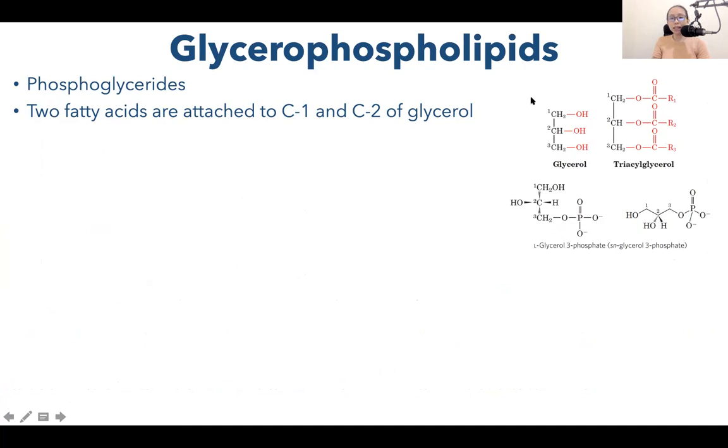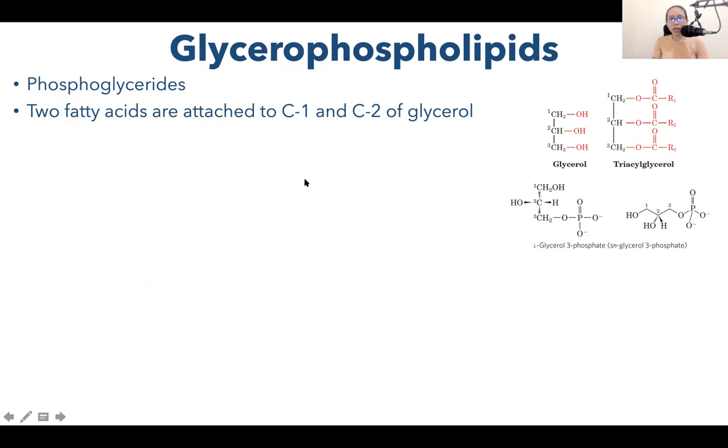The difference is that you have a phosphate group attached to carbon 3 of your glycerol. Okay? And then, for carbons 1 and 2, meron kang fatty acids na nakakabit sa kanila. So, ang pinagkaiba niya sa triacylglycerol, si phospholipid, phosphate group ang nakakabit sa carbon 3.